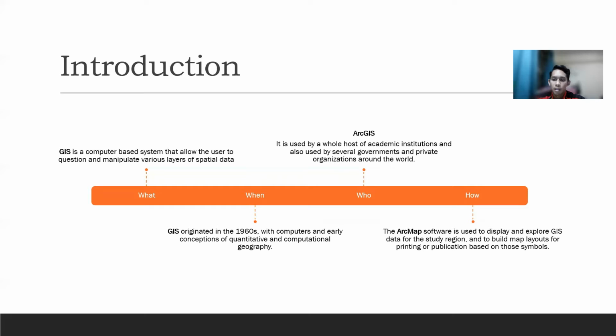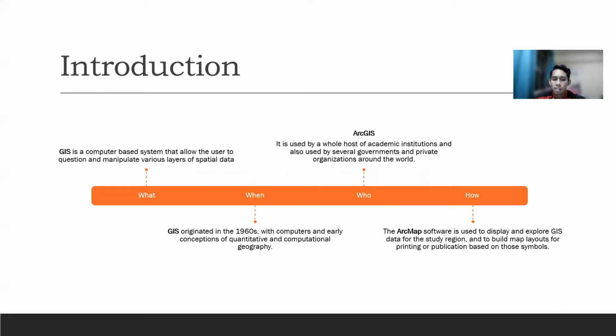Next is how it works. ArcMap, which is the primary software in ArcGIS, is used to display and explore GIS data for the study region, and to build map layouts for printing or publication based on those symbols.